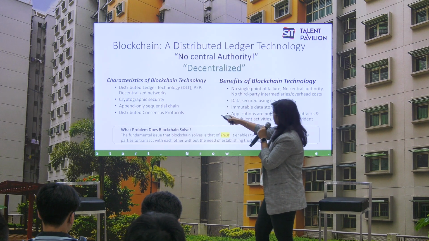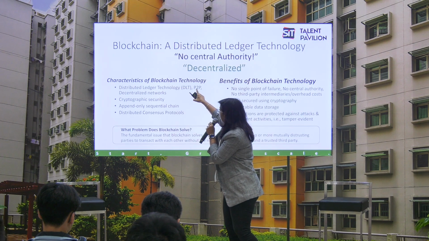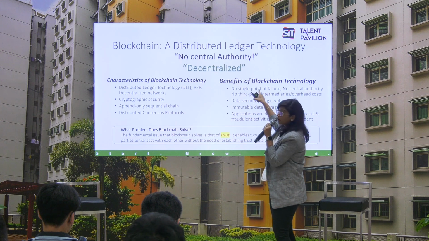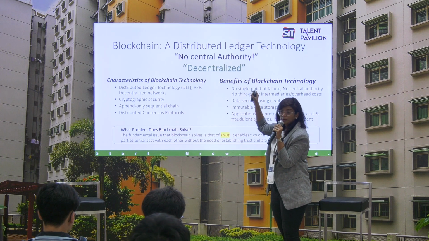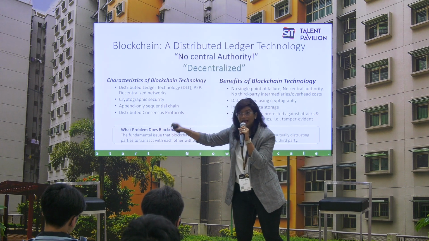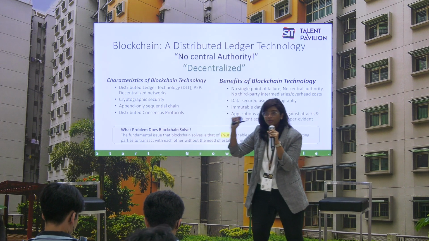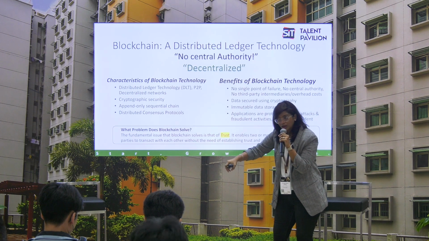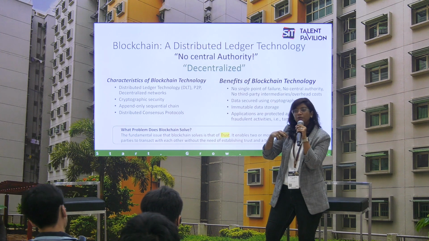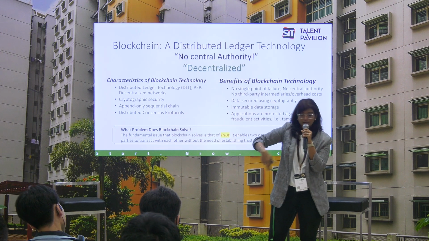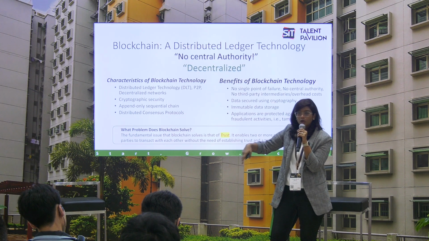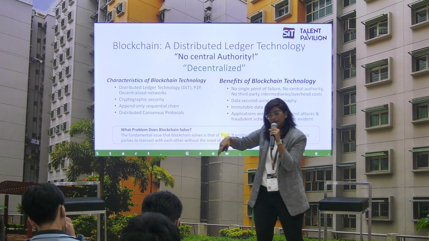So you can see that because of DLT and P2P, we have no single point of failure, right? For example, with Google or Amazon, you have a Google server, you have an Amazon server. If the server goes down, then you have to go to another server, because all your records on that server are down already.